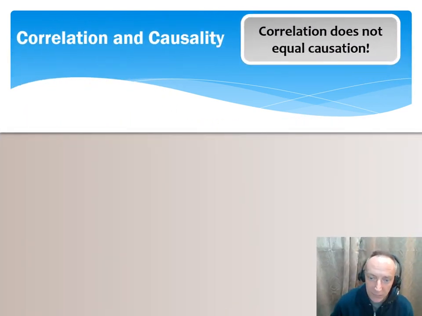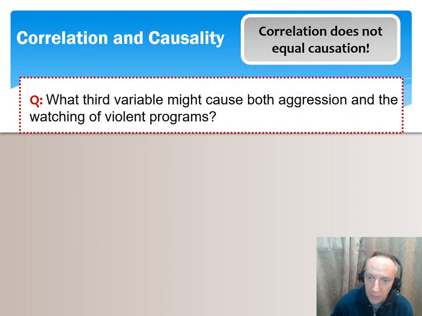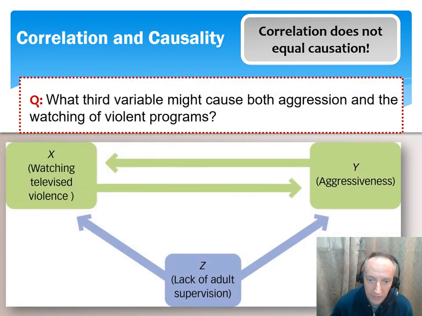And in fact, with regards to that third variable problem, with that study on violent TV and acts of aggression, it's pretty much what they found, that there's another variable, adult supervision, that could influence both of those variables.